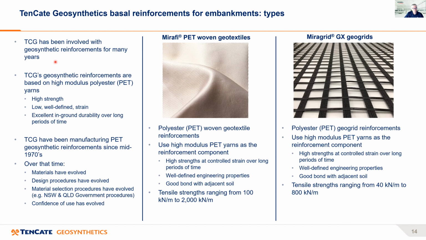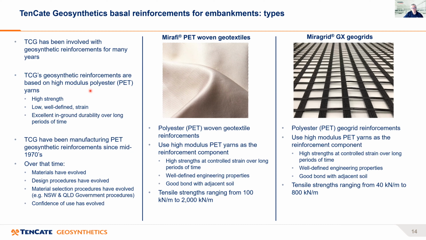A lot of our reinforcements are actually based on high modulus polyester yarns. One of the reasons we've concentrated on high modulus polyester yarns is that they are high strength, so you can make very strong materials. They have low, well-defined strains, and the strains don't change very much over time. And they have excellent in-ground durability over long periods of time.